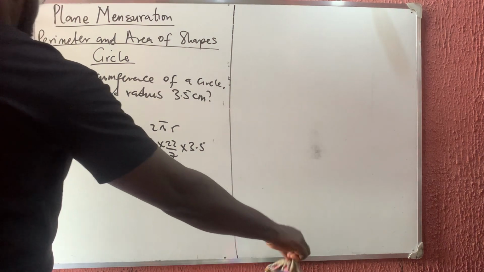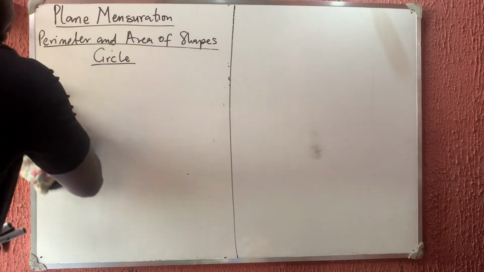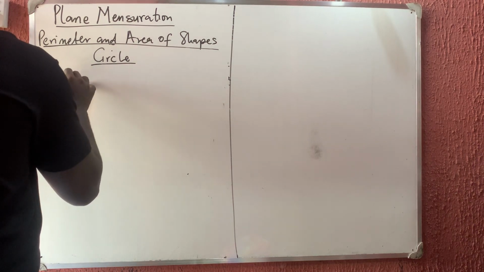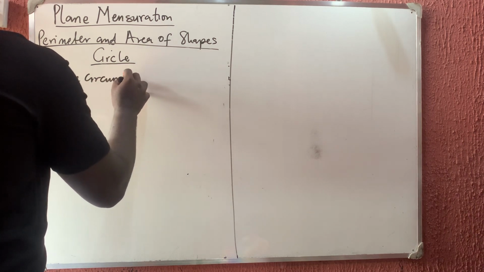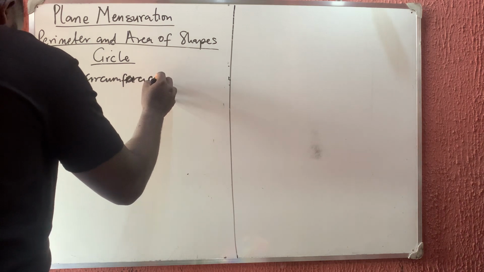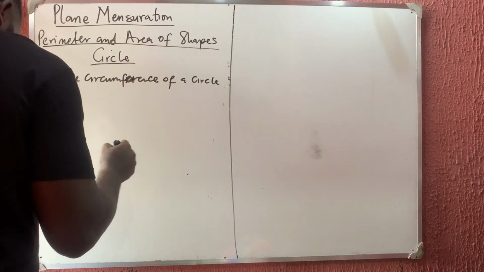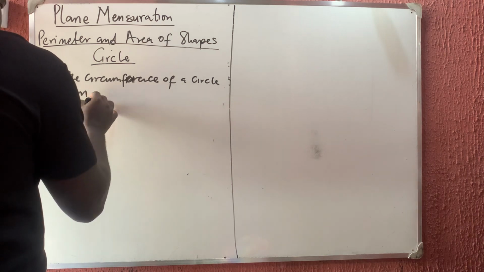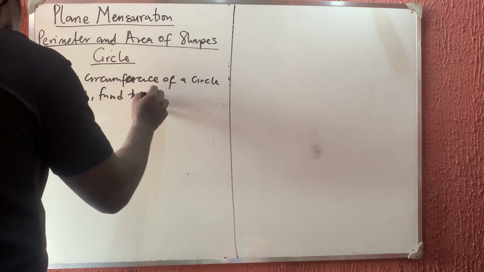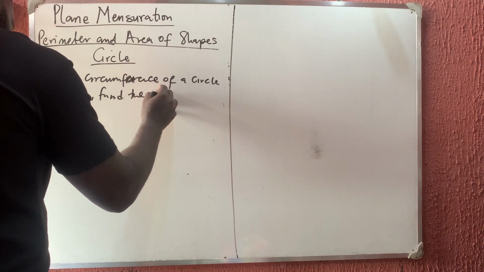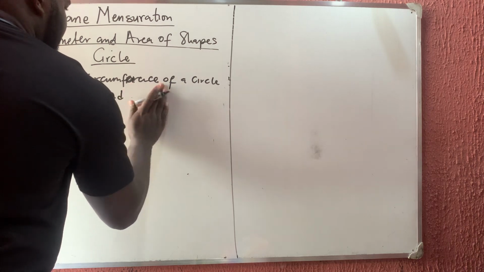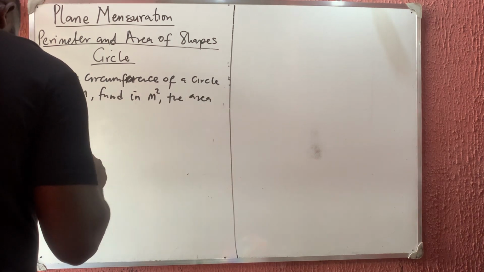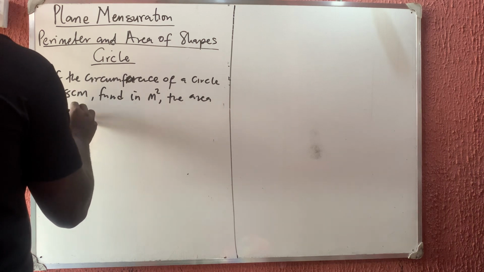So we go to the next question, question number 3. Question number 3 said that if the circumference of a circle is 88 cm, find in meter square the area of the circle.